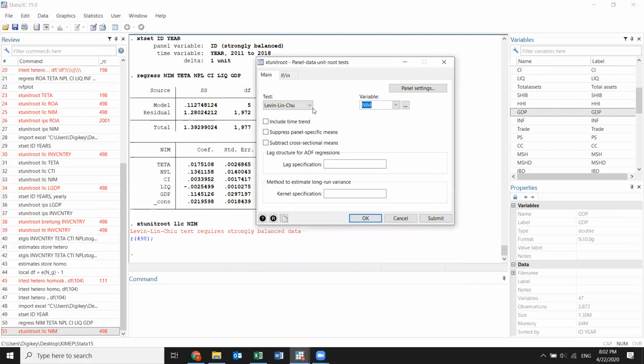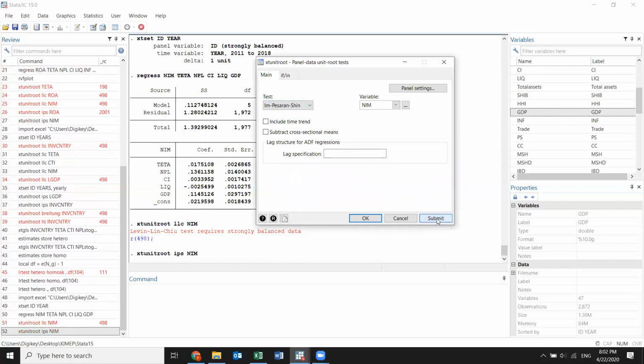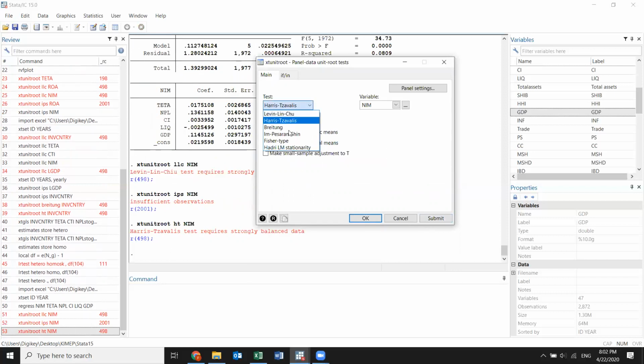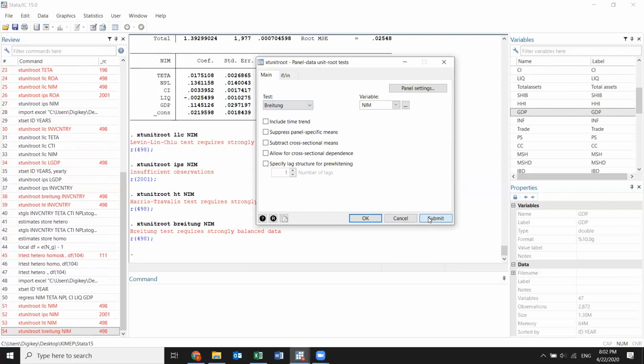Unfortunately, it requires strong balance sheet. But let me choose the Pasaran then. Still, this guy still doesn't let me to do it. Your data should give the results, because my data is based bank specific, based on the banking.